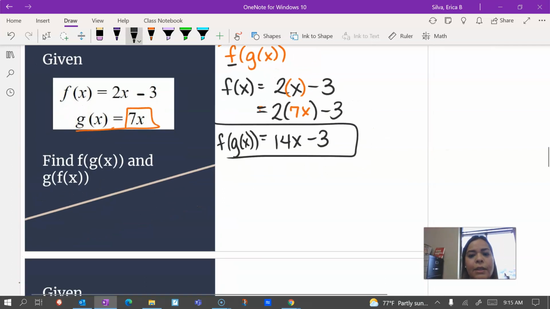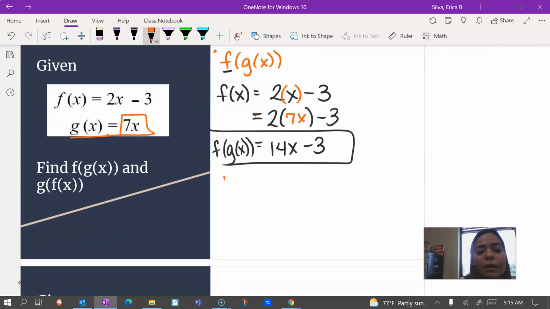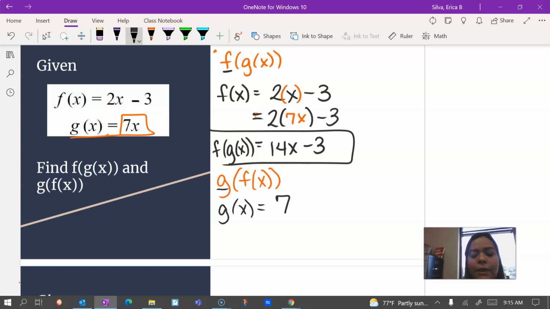Let's go ahead and try the next one. Now we're going to get g of x, and we're going to plug in f of x. So again, we start with writing our main function, which is g of x, which is 7x. I'm going to put parentheses around the x value, because in that spot, I will be plugging in f of x, which is 2x minus 3.